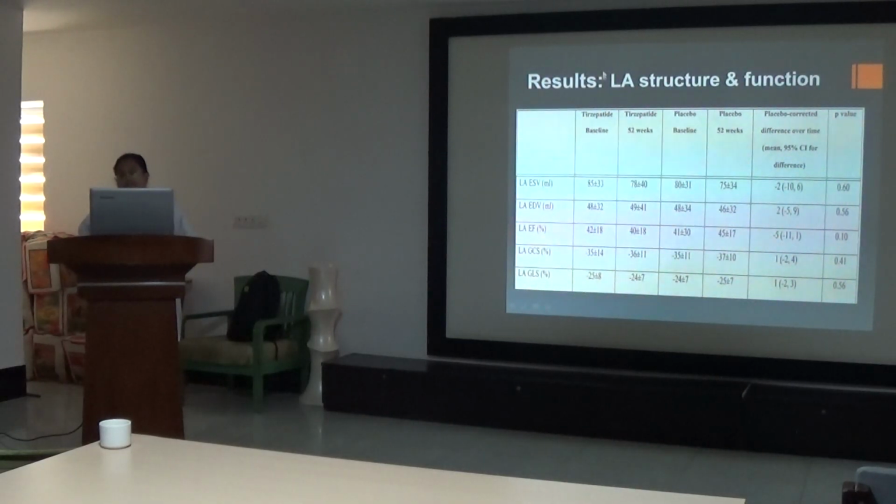Results in LA structure and function: no significant change was found. There was no change in LA systolic volume, and no change in LA diastolic volume. Even LA strain had no significant changes.